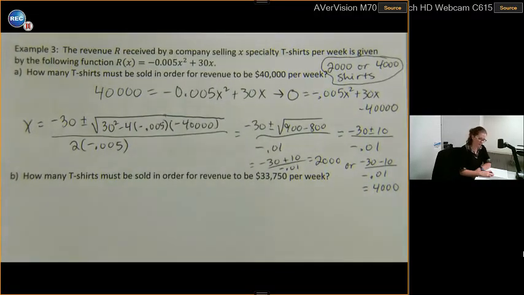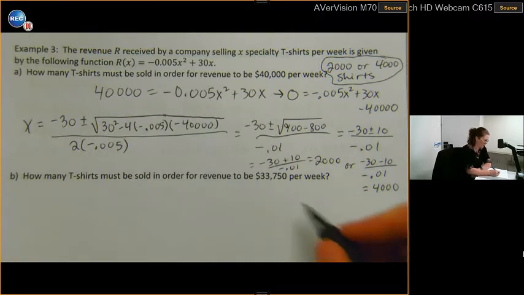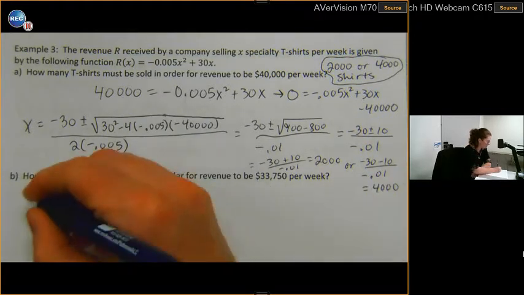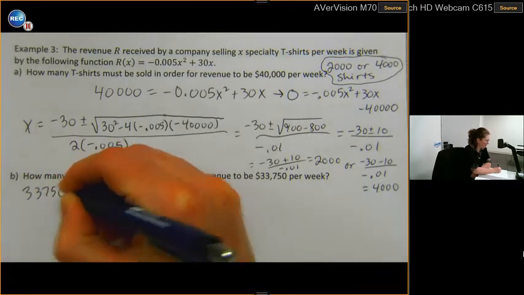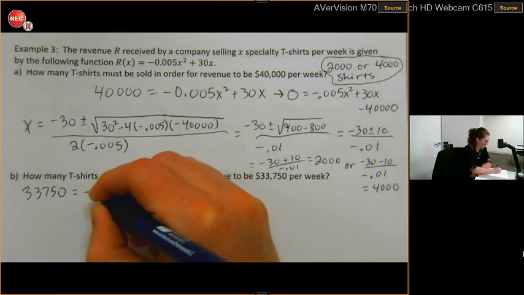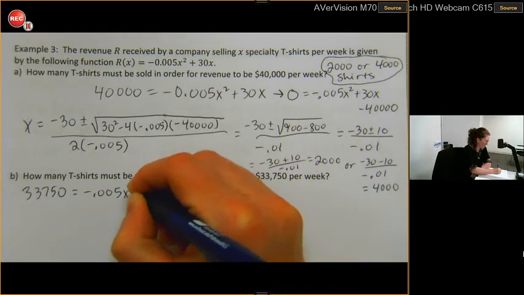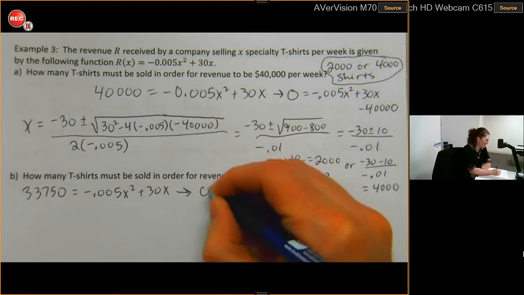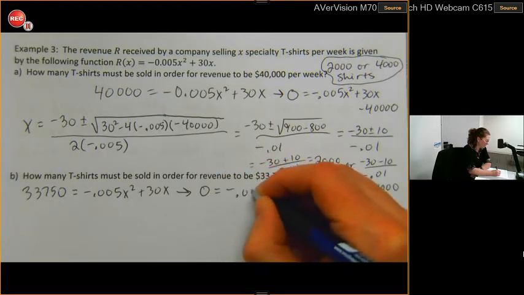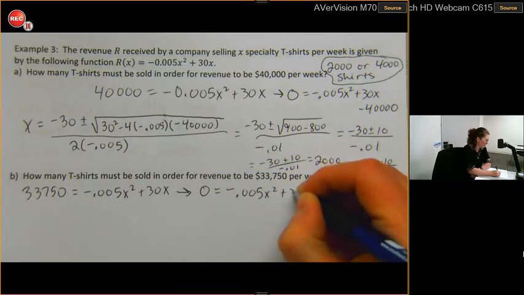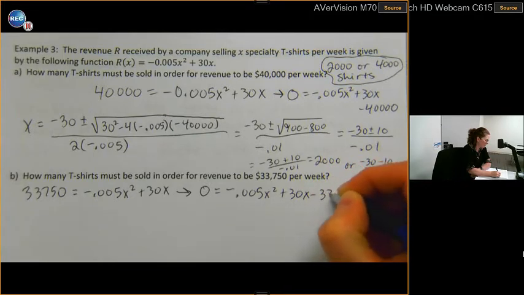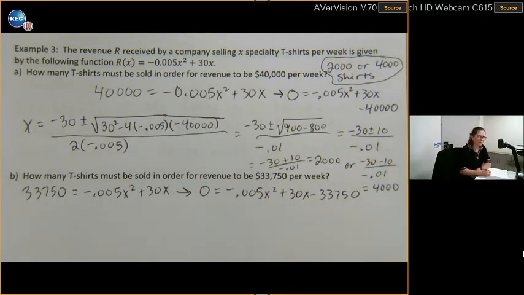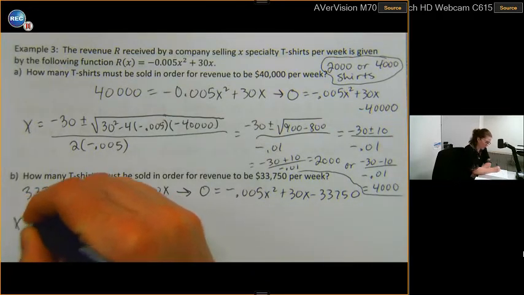So part B, same question, but with a different revenue. So we're going to put in 33,750 for the revenue. And just like last time, I need to move so it's equal to 0. And then plug into the quadratic formula.